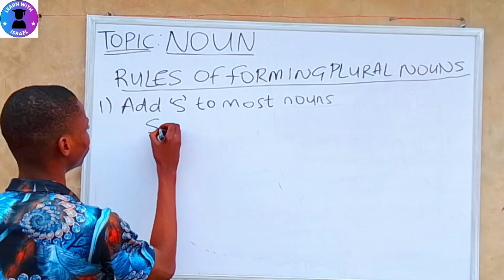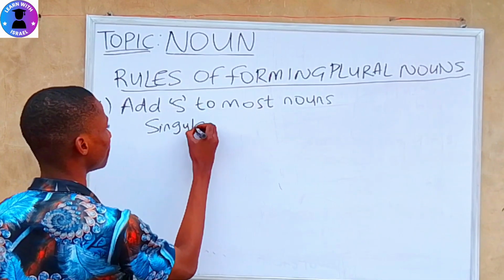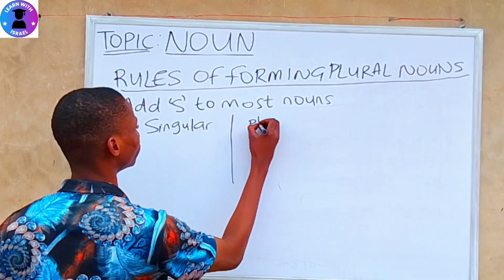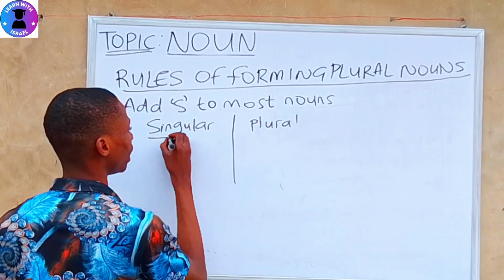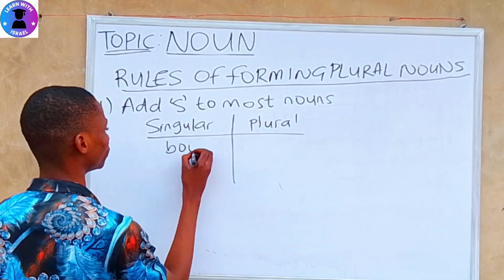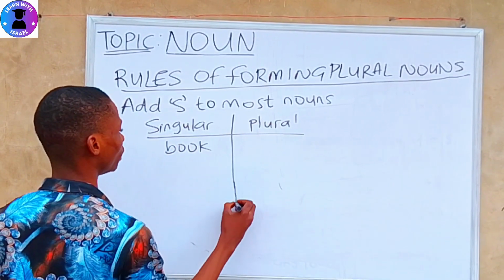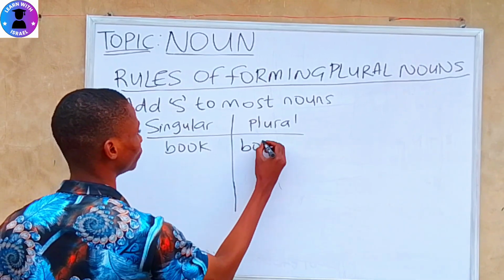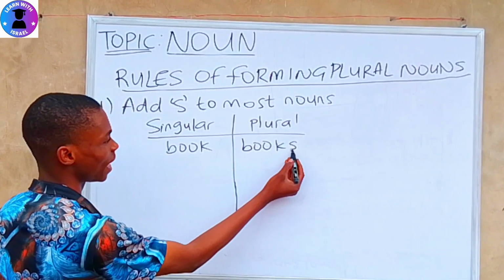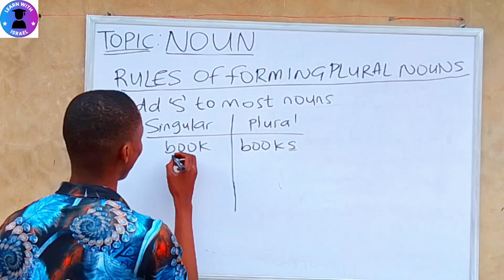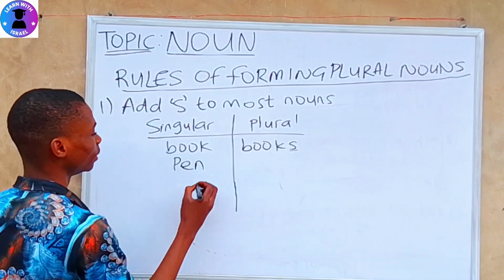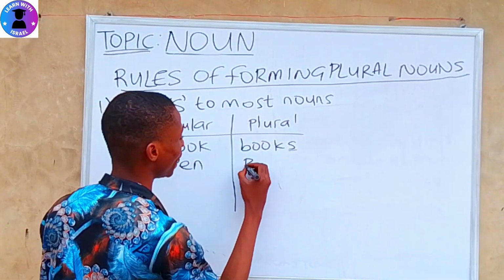We have singular and plural. For singular, we have book, and for plural, we have books. As you can see, adding of s. For singular, we have pen. For plural, we have pens.